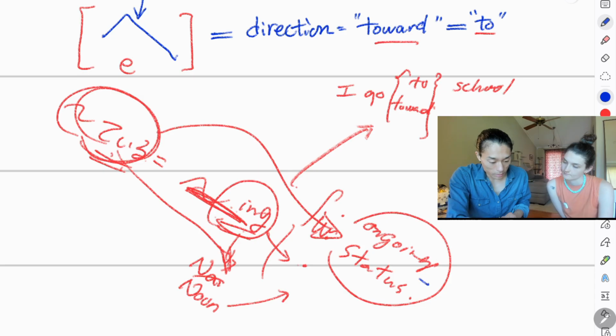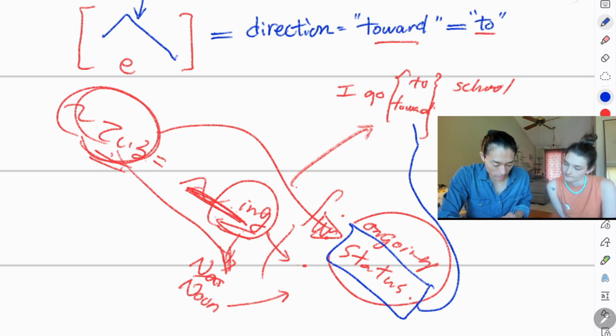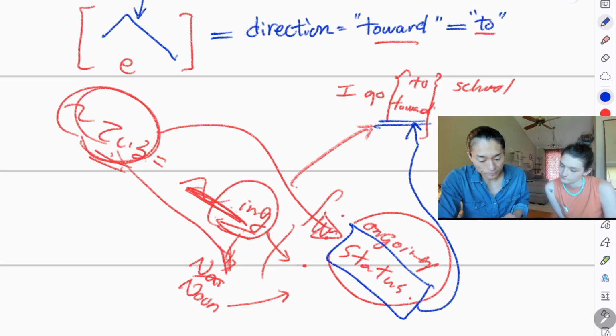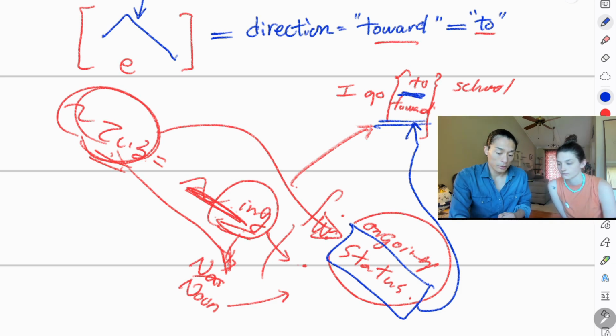And that's what you said, the status. In terms of status, I go toward emphasizes more the action of going. I go to school, like you said, can be just a status. It doesn't necessarily mean you're going to school right now, but as a status, yes, I go to school. I'm a student, right? That is a good difference.